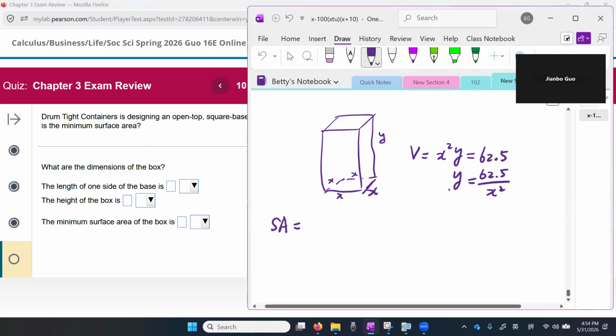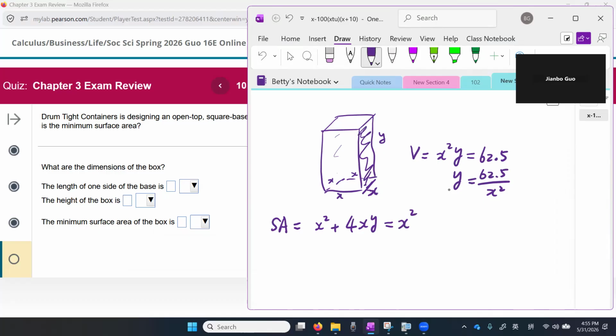And surface area. Let's see how we find the surface area. Because the box doesn't have a top, it has 5 sides. The bottom side is a square, so x squared. The other 4 sides have the same area, x times y, so 4xy. Then we plug in y equals 62.5 over x squared.